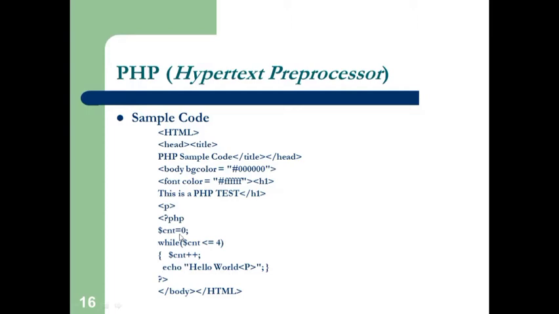Now the count value is 2, then it will go to 3. Until the value equals 4, it will print hello world. Okay, so when the value increases beyond 4, it will stop there and go to the end of the body and the HTML code, and it will stop the code right there and give you the final output.